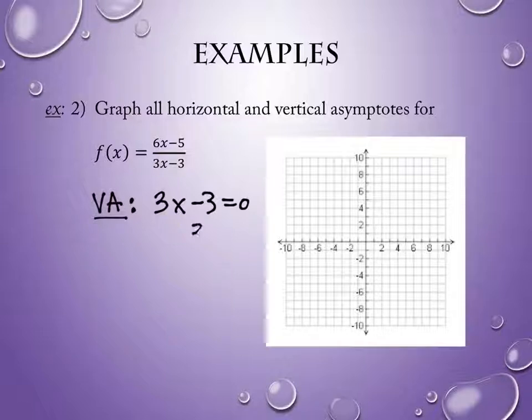So I'll add 3 to the right, so 3x is 3. So what is the equation? X equals 1. And notice it says x equals, not just 1. So I'm going to draw a vertical line, because it's a vertical asymptote, at the x value of 1, which puts me approximately right here.